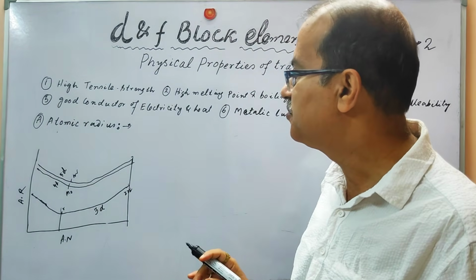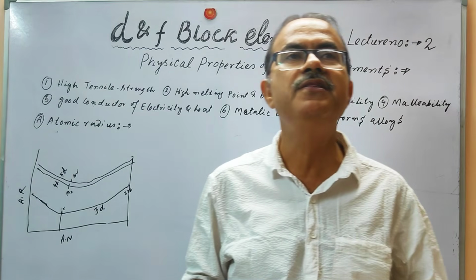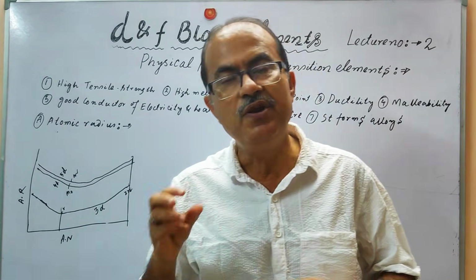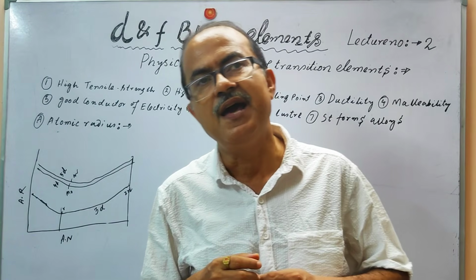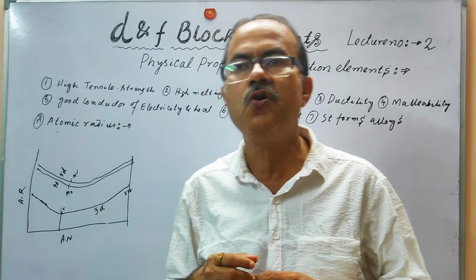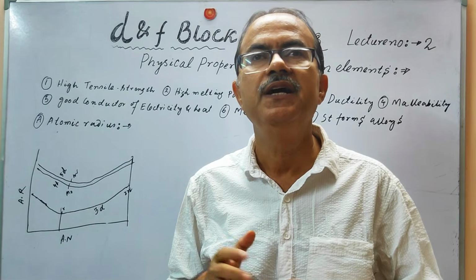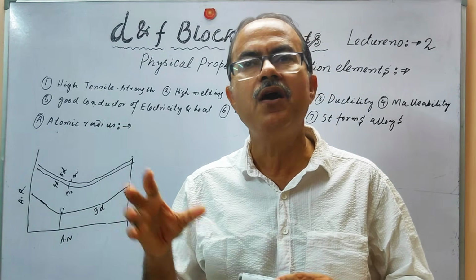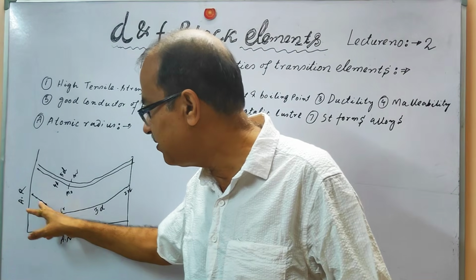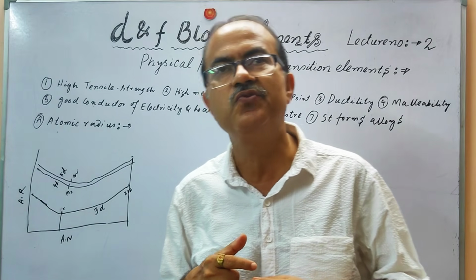This is due to the fact that as the atomic number increases, we are increasing the protons in the nucleus, so the nuclear charge increases, and that increases the attractive forces on the outside shell, and there is a sinking of the outside shell, so the atomic radius responds this way.